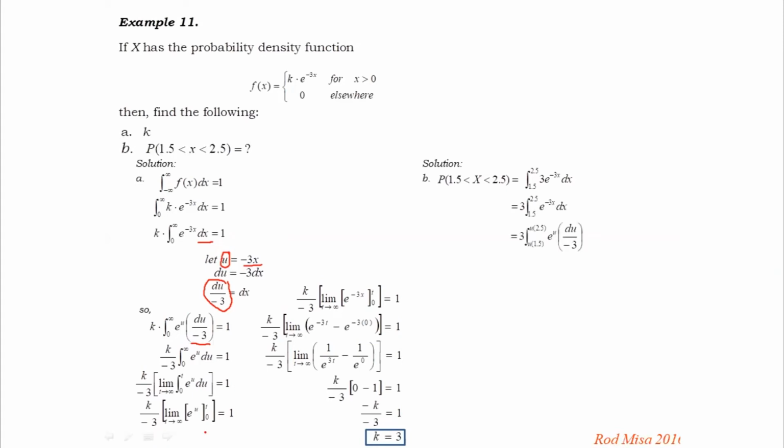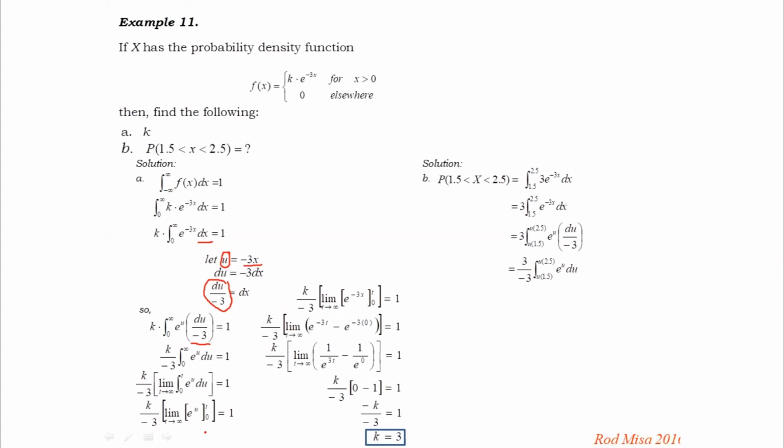And then using the same representation of negative 3x, which is u, and dx, which is du over the negative 3 here, we can still factor out negative 3 outside the integral symbol. So we have 3 over the negative 3 times the integral of e to the power u du from u of 1.5 to u of 2.5.